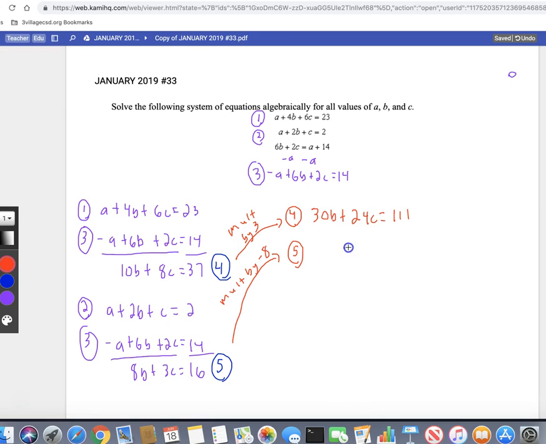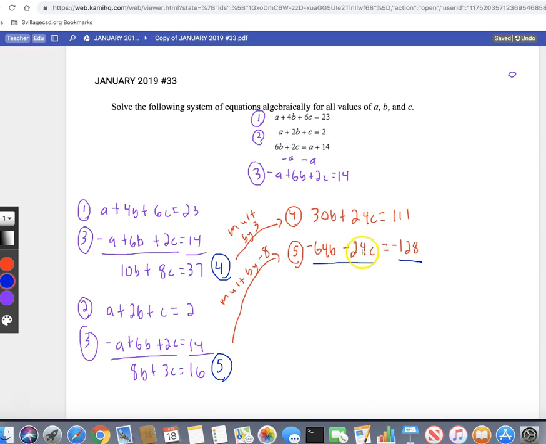And then when we combine together the two equations, the variable c would be eliminated. So multiplying everything by negative 8, we would have negative 64b minus 24c is equal to 16 times negative 8, which is negative 128. And then we can combine together these two equations.